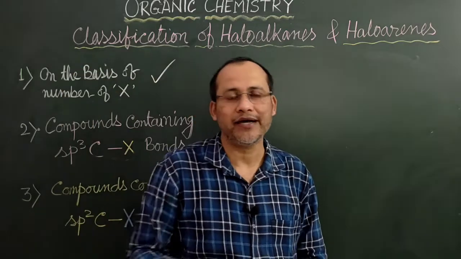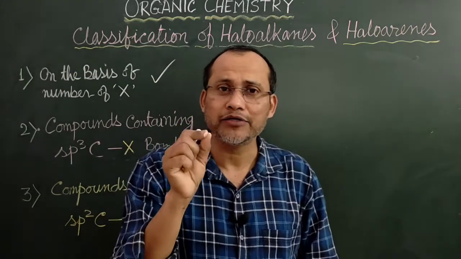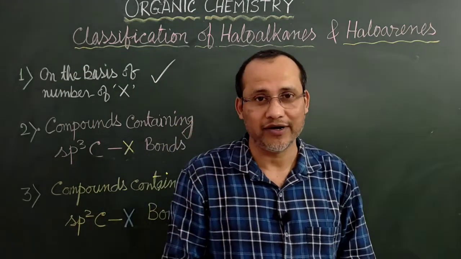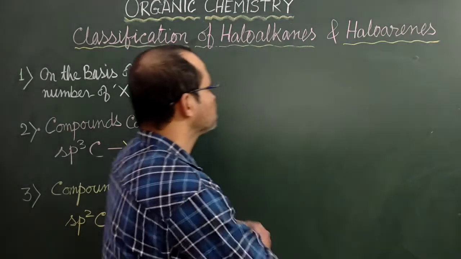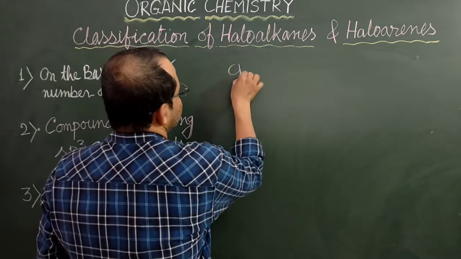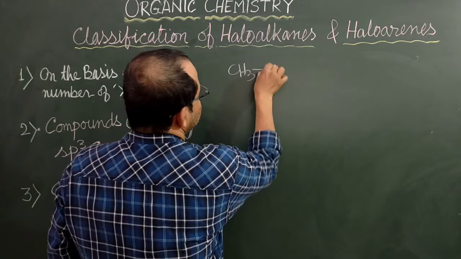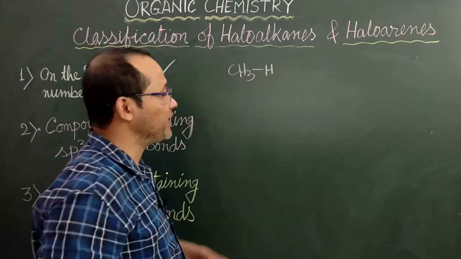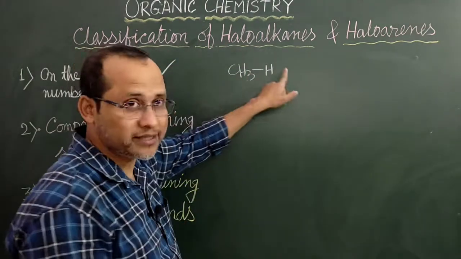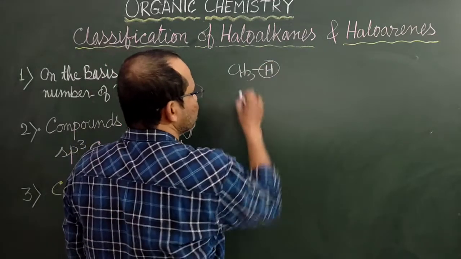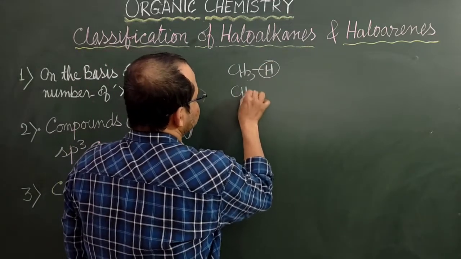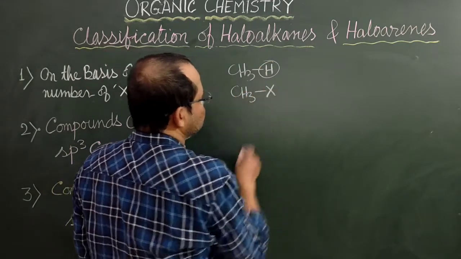It is clear that the number of halogen atoms is going to differ. Let me show it by examples. First of all, let us consider this one. This is methane, CH4, written in this way. Now if hydrogen is replaced by halogen, it will produce this.